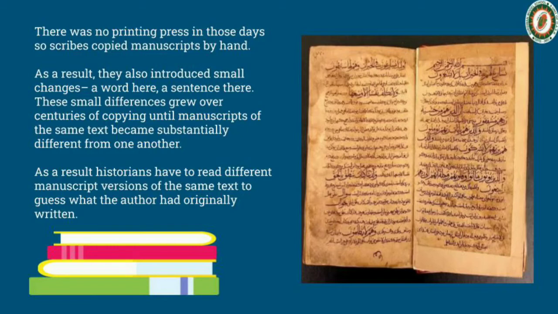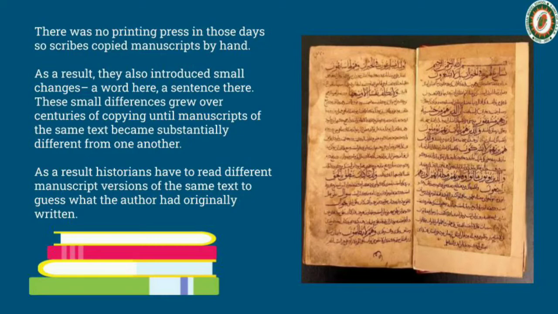When different scribes copied the same manuscript, different versions were created, all different from each other. As a result, historians have to read different manuscripts and versions of the same text to guess what the author had originally written. It is a very difficult job to find out history from those manuscripts.